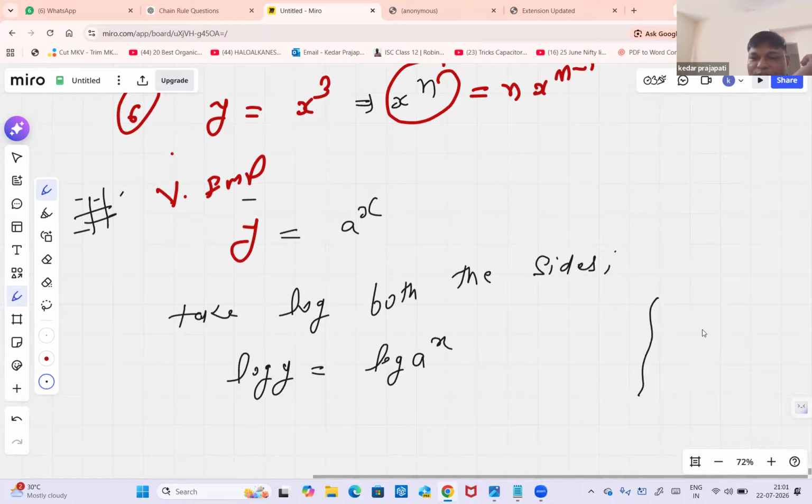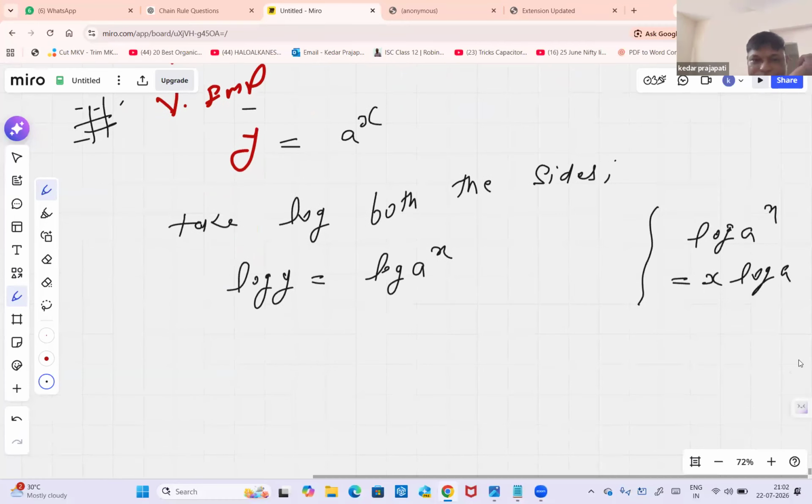Now we know, right? Log a to the power x is how much? x log a. We can write it like this: x into log a. Right? So far I have not differentiated.